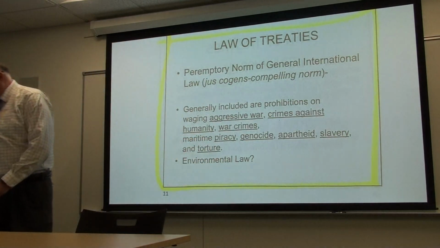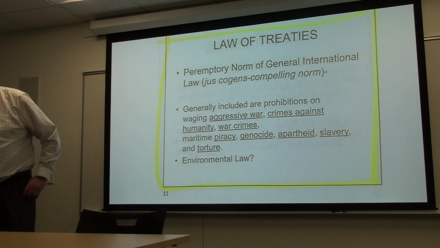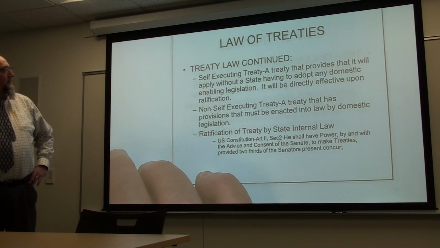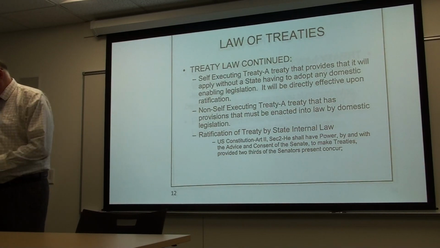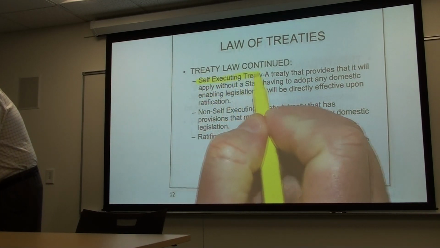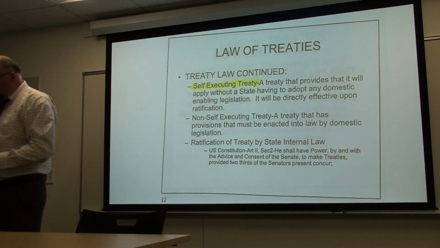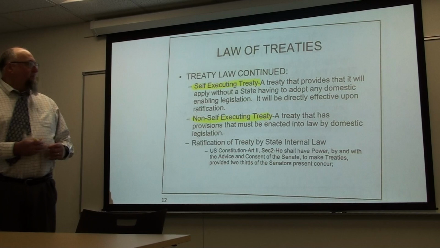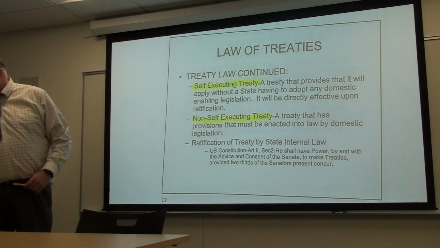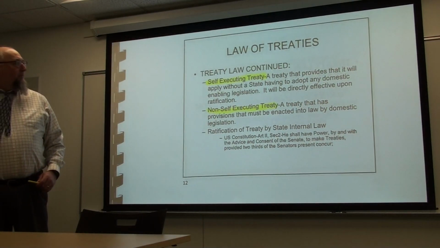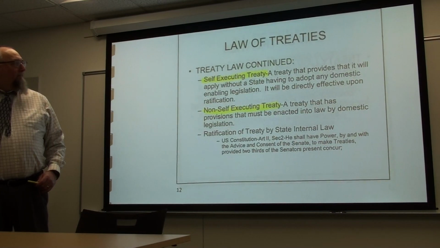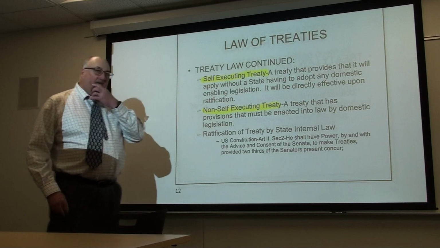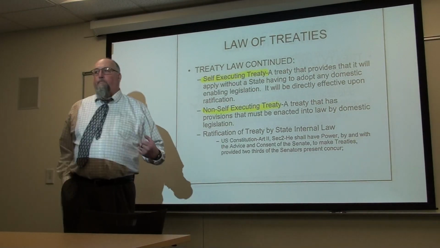All right, so let's keep moving and talk about some more terms. We talk about treaty law. Next slide down. A self-executing treaty versus a non-self-executing treaty. So a treaty, as we know, is an agreement, basically a contract.